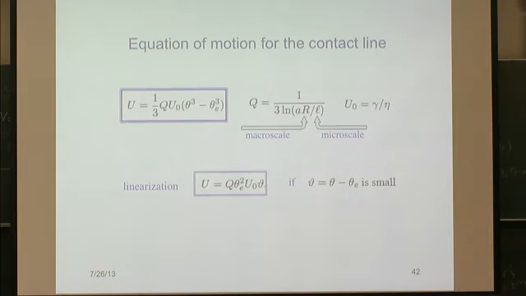Then if we study just small perturbations, it is enough to linearize this equation, and then this is a linear relation between the velocity and the change of the contact angle.